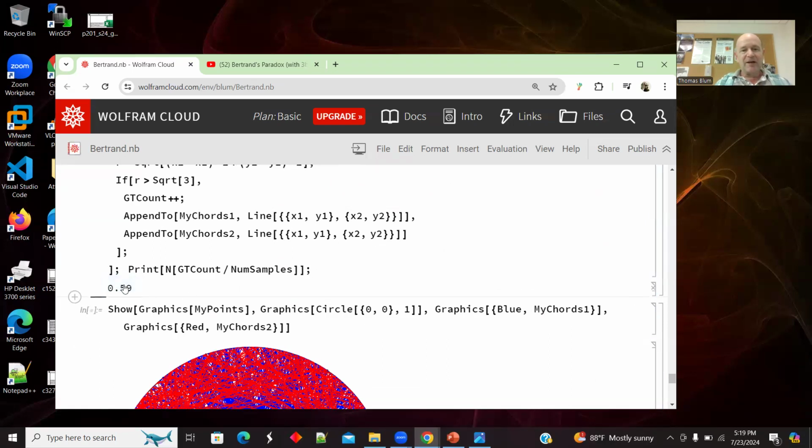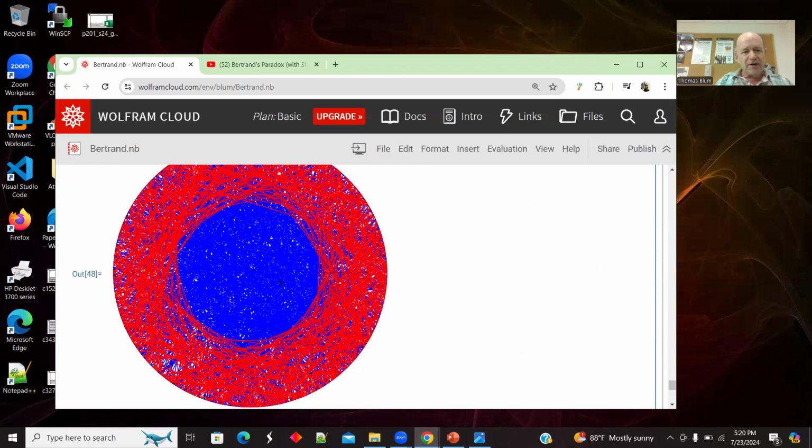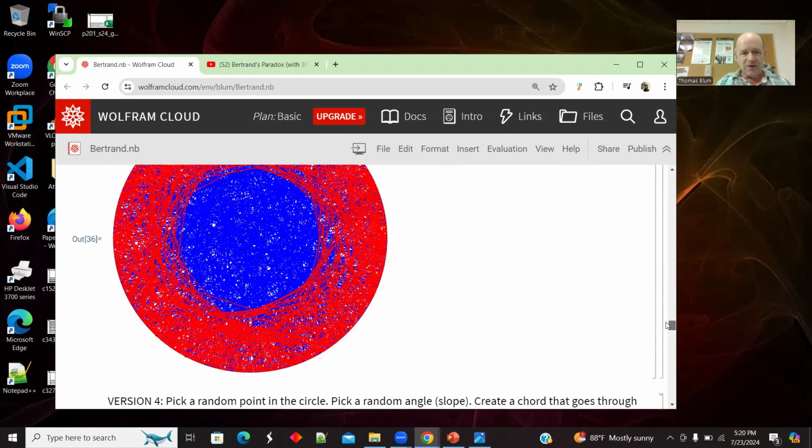And here I keep getting numbers around 0.6. And then I draw it. And this one, if anything, seems to be denser in the middle. So maybe this technique has sort of overdone it.